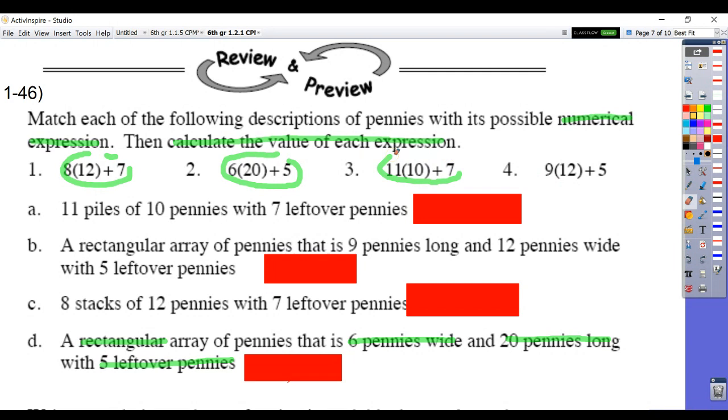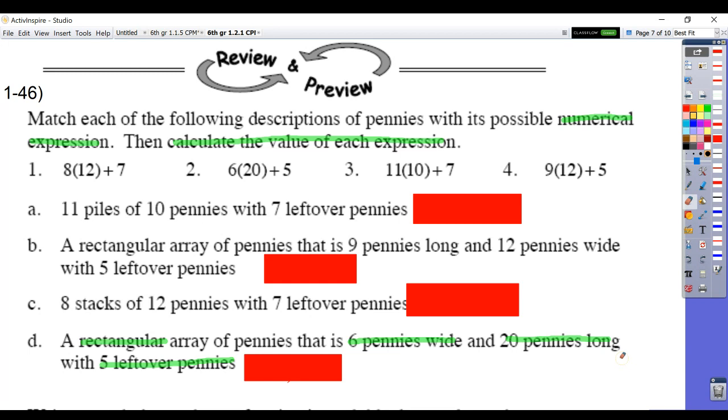We also do it with an X, but we get away from the X in middle school because we end up using X as a variable. So would it be 1, 2, 3, or 4 that would match up with the arrangement specified in D? Once you figure out which one it is, then find the value of that.